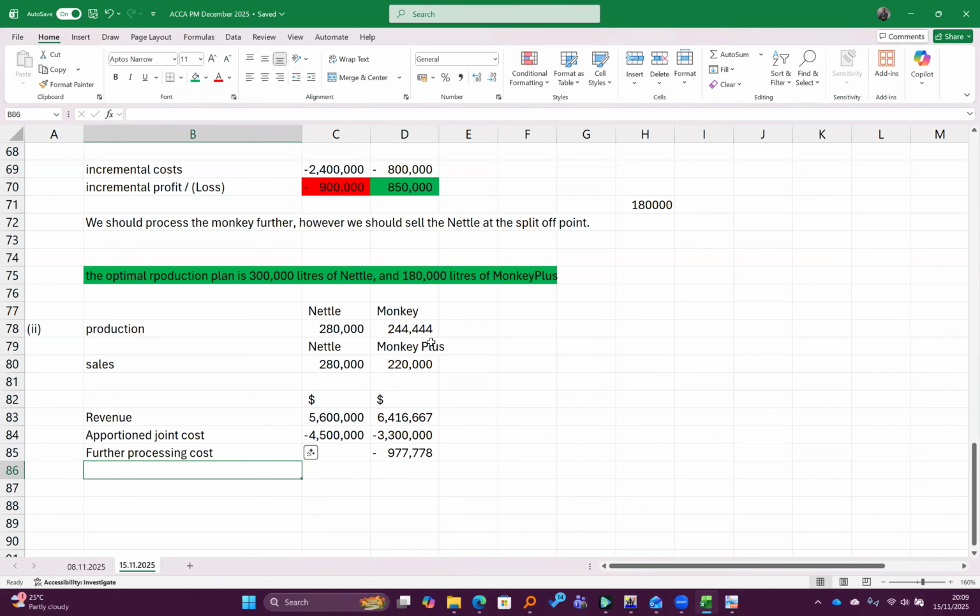So that is the further processing cost. We don't have any other costs here, so we can now get the total.